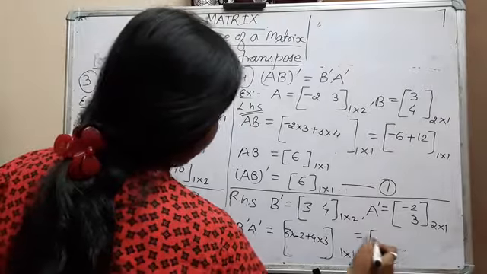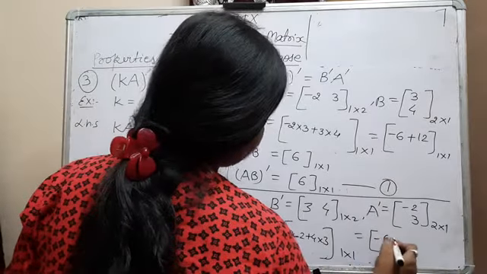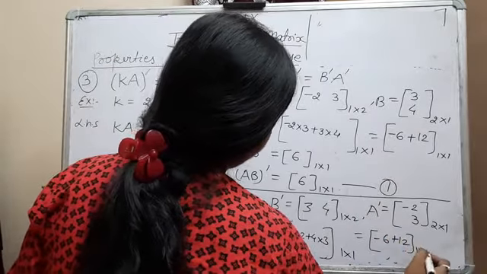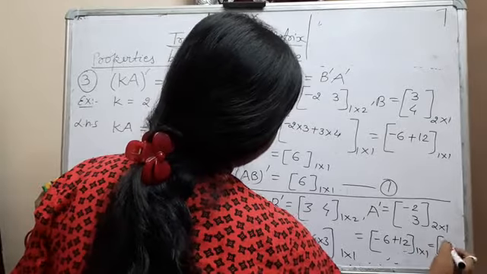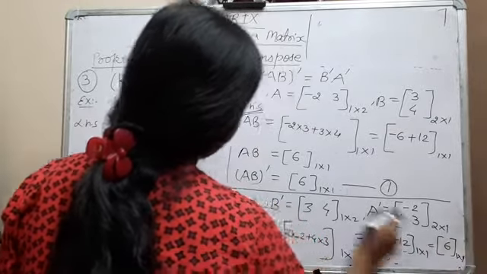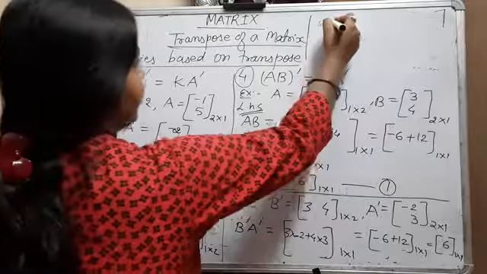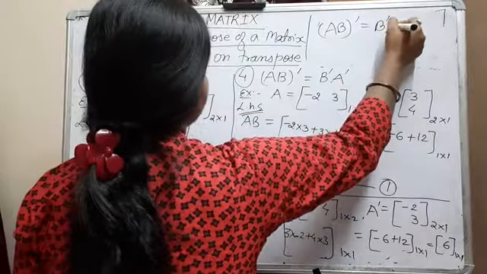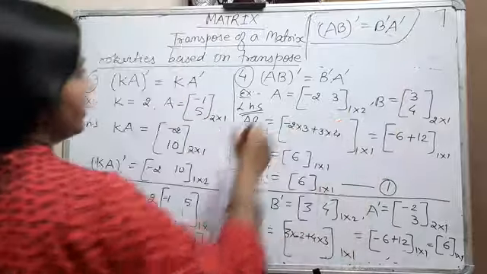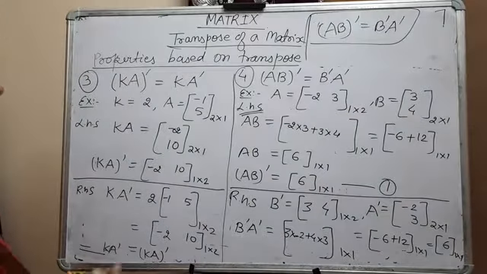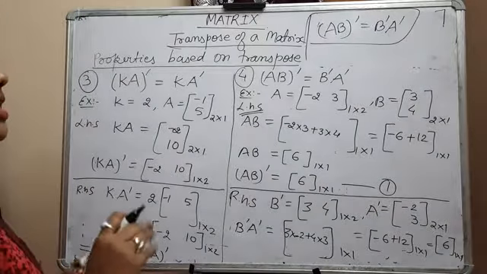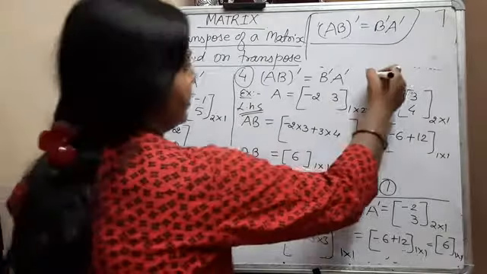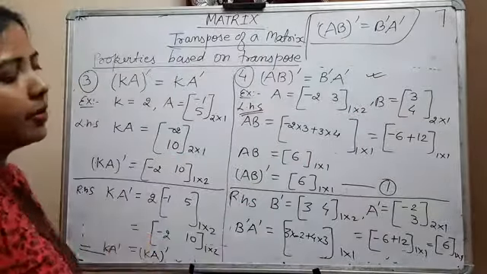Finally we have minus 6 plus 12. So we are getting the same value, meaning AB whole dash equals B dash A dash. So it is very clear. In any example you take, you will always get this type of format only. These are all proven formats.